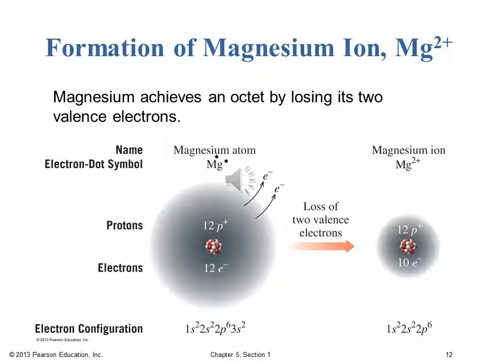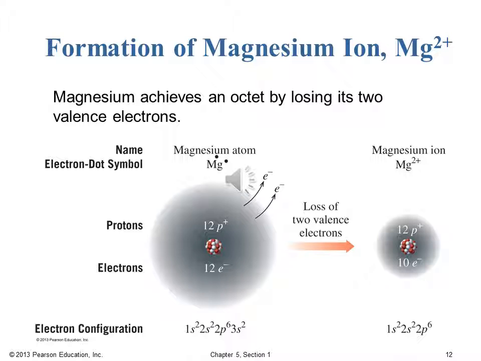And we see that now we're even smaller because we have a positive charge of 12 due to the 12 protons in the nucleus. We were countering that in the neutral magnesium atom with 12 electrons. Once we lose those 2 electrons, now we've got 12 protons, so that nucleus has a net charge of 12+. There's only 10 minus charges outside, so the nucleus is going to hold those 10 electrons even closer in the case of the magnesium 2+ ion than the sodium 1+ ion did with its 10 electrons and 11 protons.